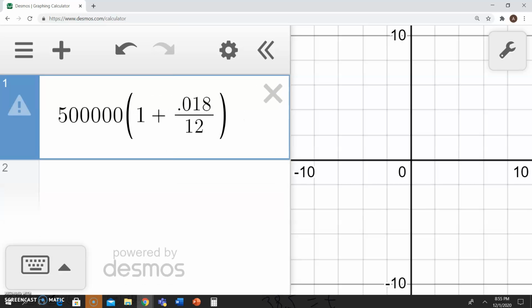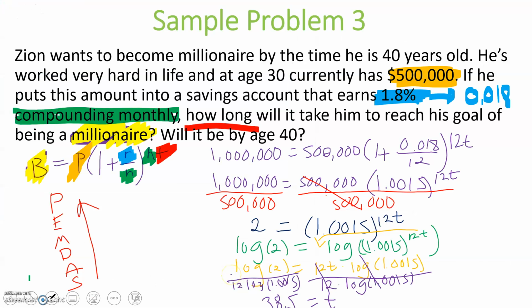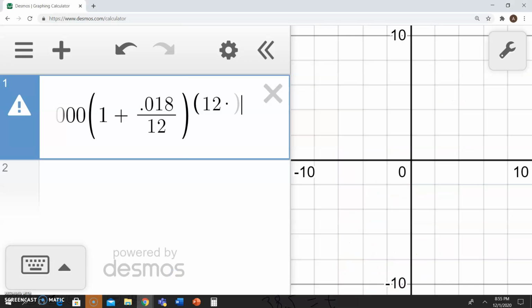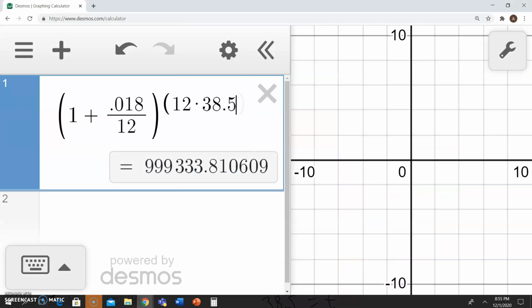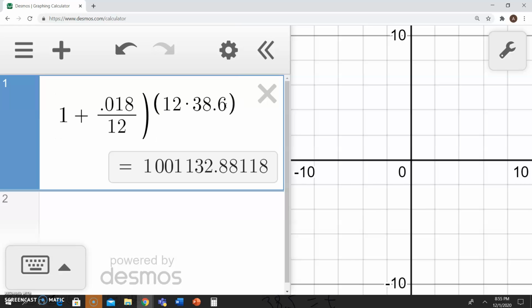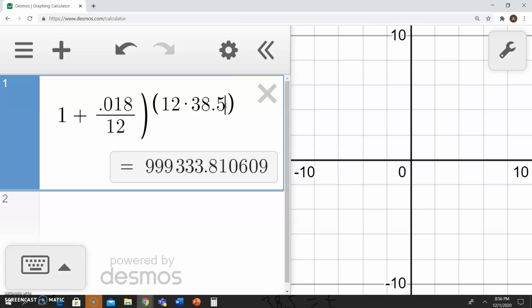And we were hoping that it would be 38.5 years to get that million. And we can see here we're just shy of a million. Let's try 38.6. That's too high, right? That's why it was that 38.54. Okay, but 38.5 is really close.